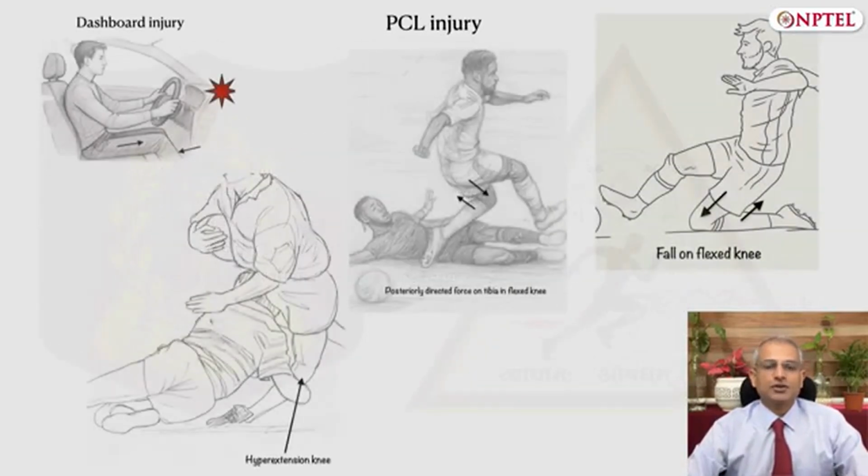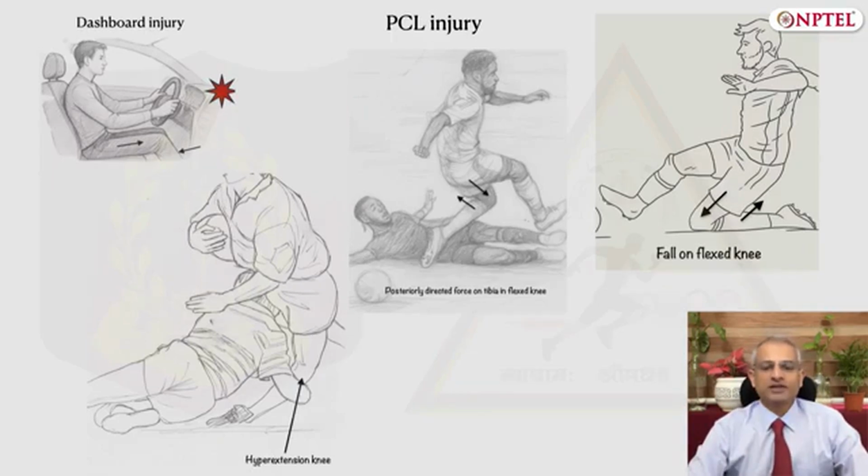PCL can be injured in a dashboard injury, which is generally sustained during a road traffic accident when there is an excessively posteriorly directed force on the proximal tibia due to the dashboard of a car with the knee in a flexed position. Another mechanism is a fall on a flexed knee with the foot in plantar flexion.